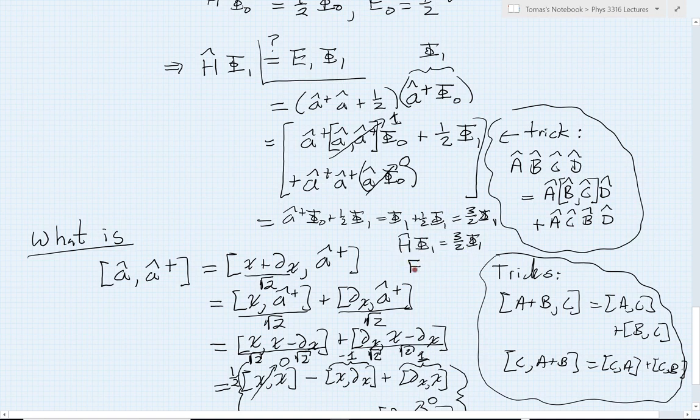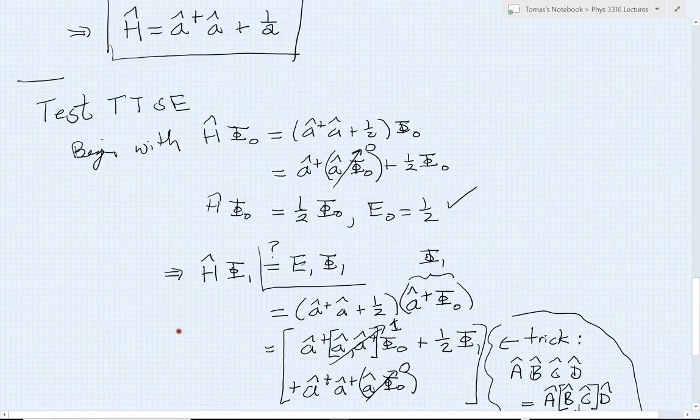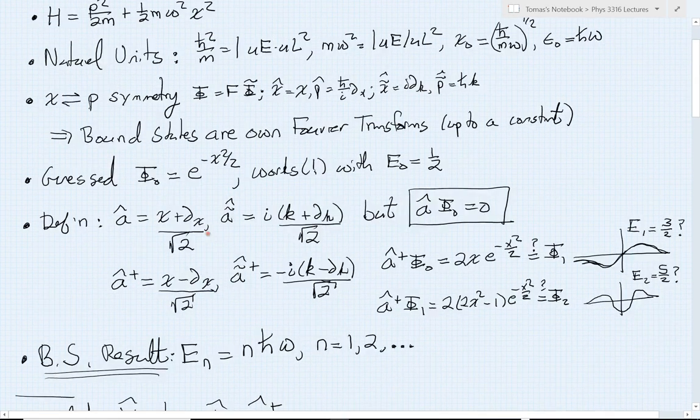It had one node, so we know it has to be the first excited state, and I can pull off the first excited state energy directly from this relationship, and that's just 3/2. And this is all a super happy result. It's our first new proof of an eigenstate. So let me put my happy professor symbol on there, and I'm going to put a box around this key result. So phi 1 is, yes indeed, as we had conjectured, the next excited state with exactly the 3/2 energy that we had expected. Beautiful.